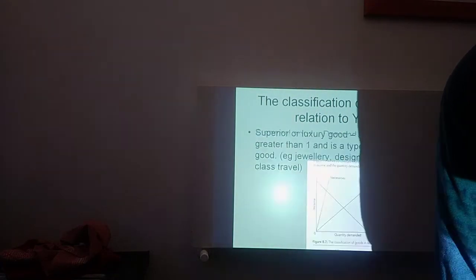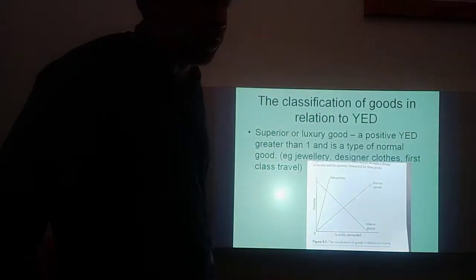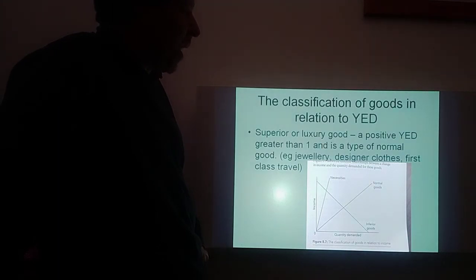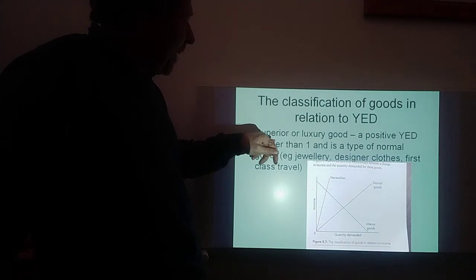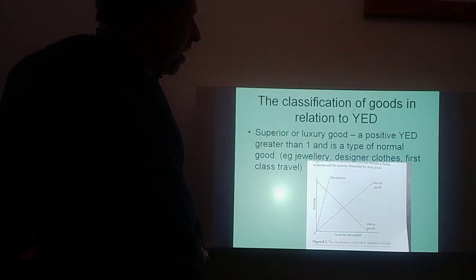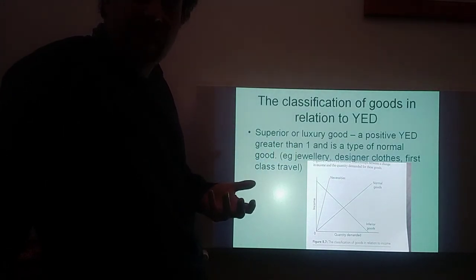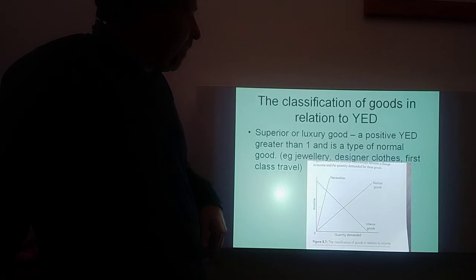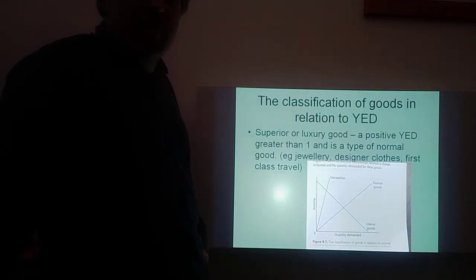On the other hand, if it's a luxury good or superior good, you could say, it's a positive YED. It's considered a normal good, but it's greater than 1. So really, if our income goes up 10%, people will buy even more.